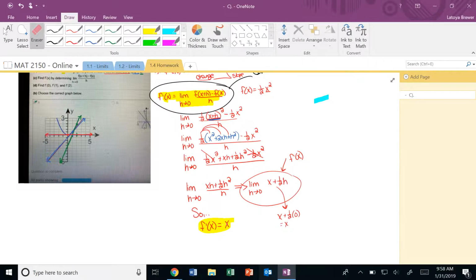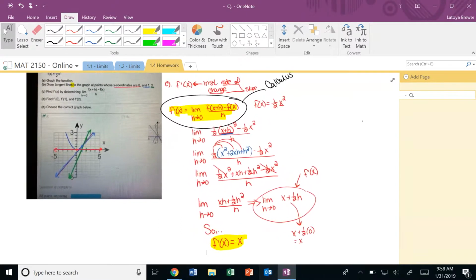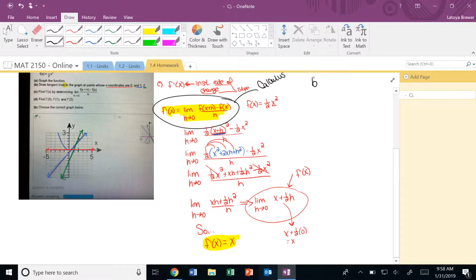So if I wanted to go back to part B, let's see. No, let's not go to part B just yet. Let's do part D. Part D is asking me to find the slope when my x value is 0, find my slope when my x value is 1, and find my slope when my x value is 2.